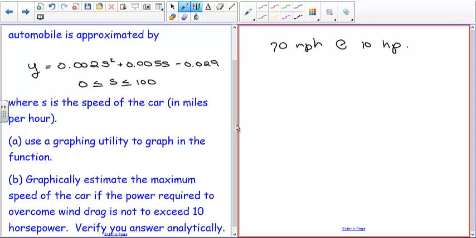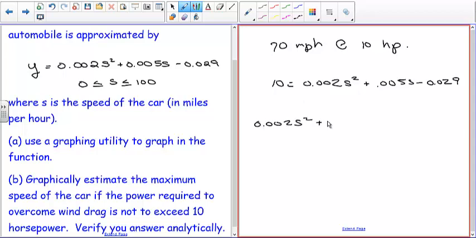Anyway, now we're supposed to verify it. The answer is y, which is 10. So we say 10 is equal to 0.002 s squared plus 0.005 s minus 0.029. We're going to make this into a quadratic equation.